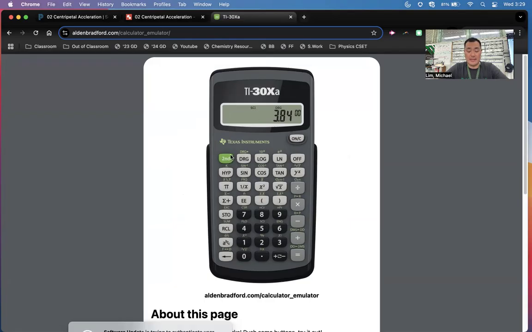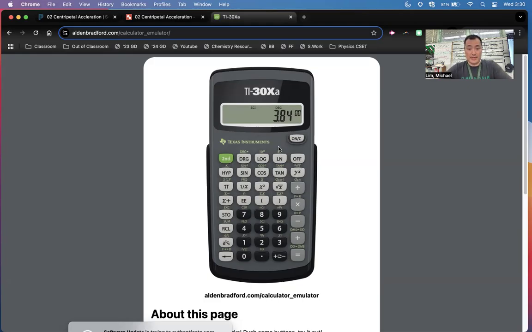So the way to do that is you click second and then this button DRG, and then it'll give you options to choose scientific notation or other options. I'm looking at the calculator right now in the class, and it says flo, sci, or eng. I want you to choose sci. So your calculator says sci and degrees. Now you can do scientific notation.